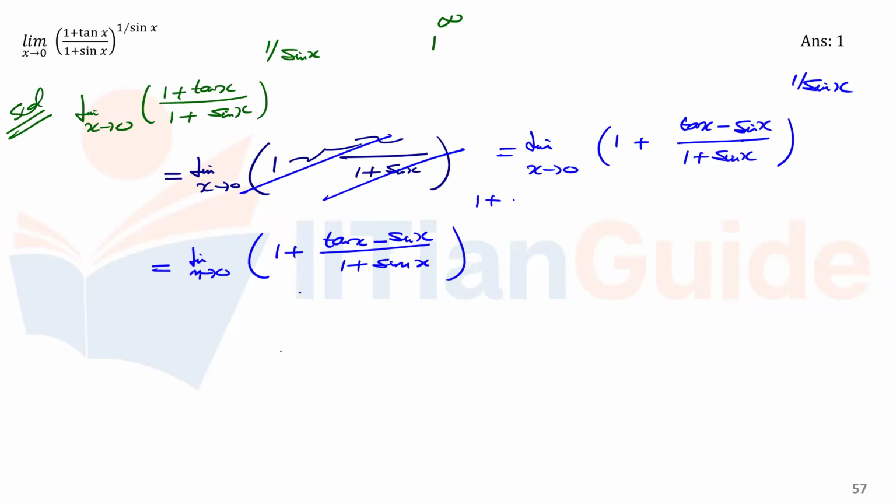It's a reciprocal: 1 plus sin x upon tan x minus sin x. Okay. So basically, I will have to write tan x minus sin x here. But in the question, it was given sin x also. So divided by sin x.